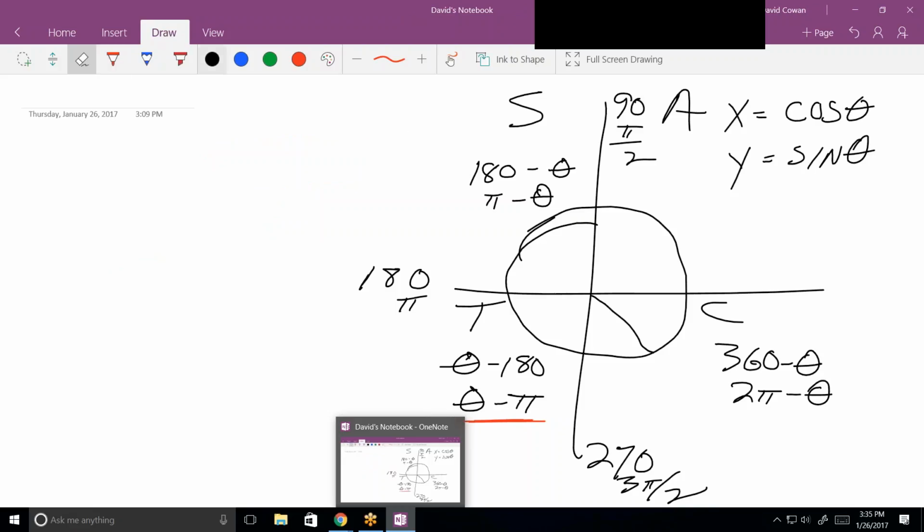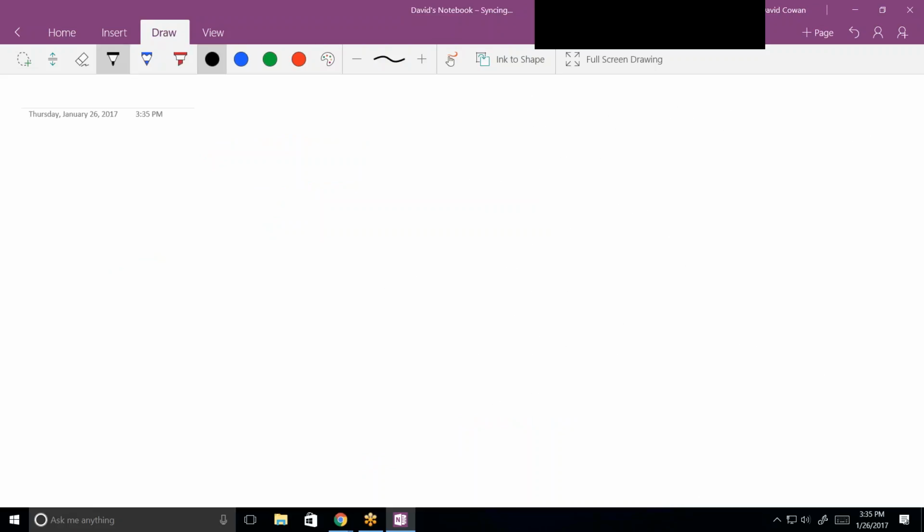What else? So the next one wants us to find the exact values of the 5 remaining trigonometric functions of theta. Cosine of theta equals -12 over 13, where sine of theta is below 0.